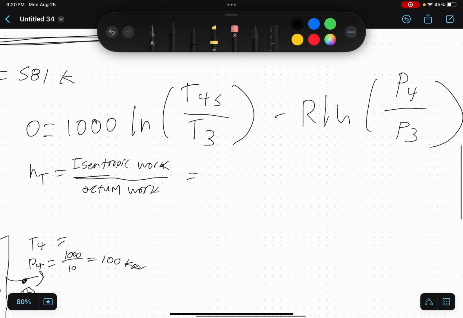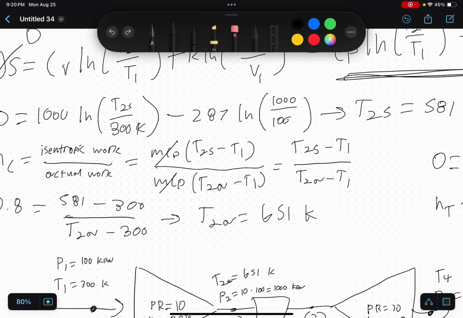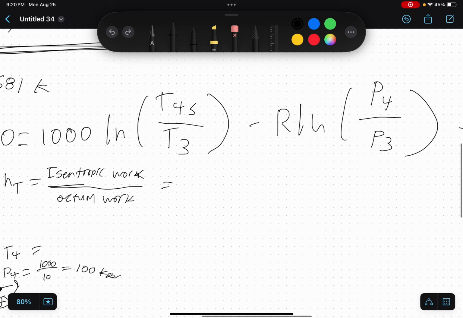And that equals, I'm going to skip writing this part out and just cancel out the MCPs. You'll end up with T3 minus T4A over T3 minus T4S.